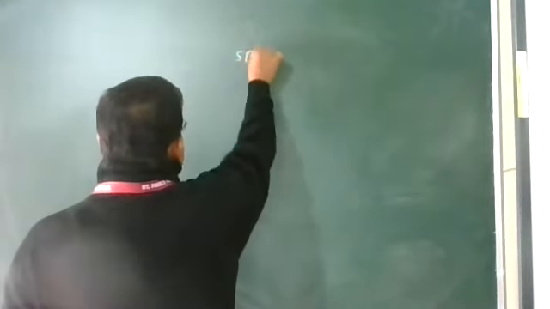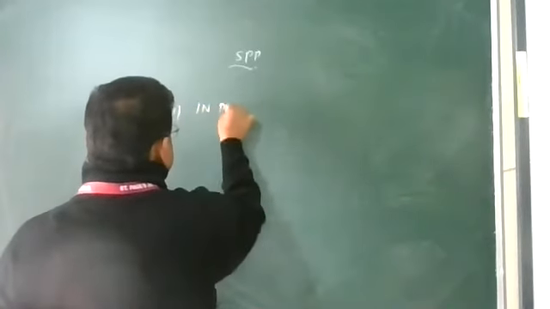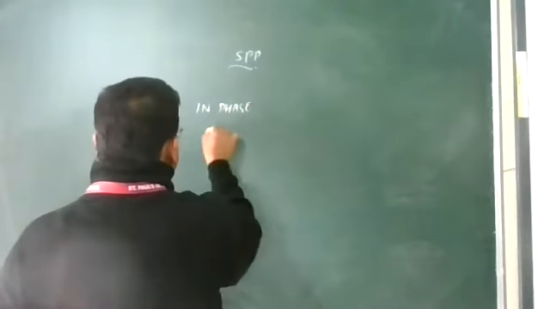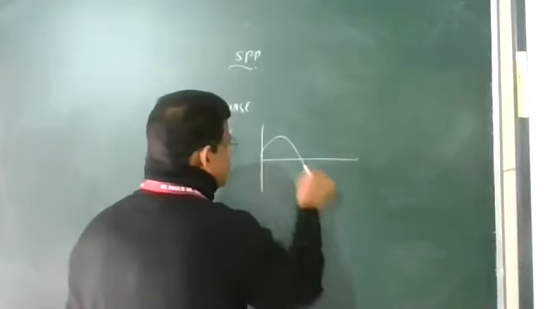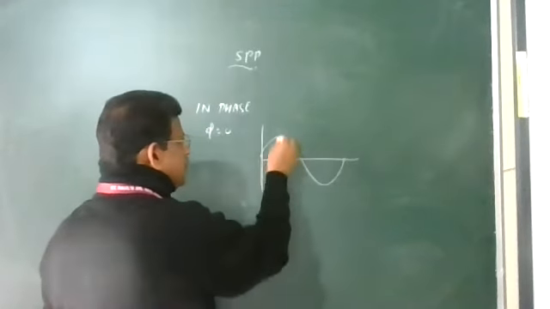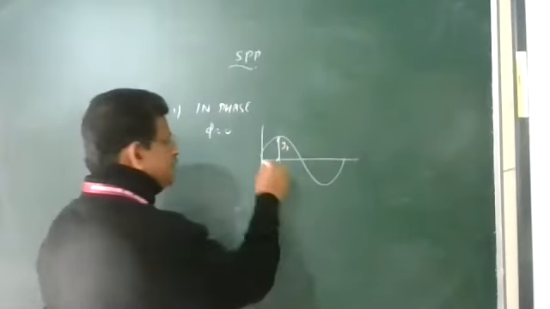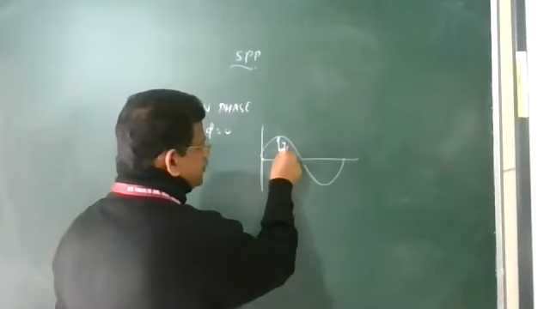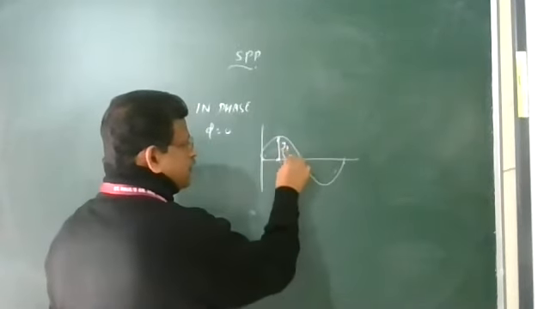Superposition of two waves, the last topic. When two waves are in phase, the phase difference is equal to zero. For the first wave, at a point P, the displacement is y1. The second wave also is like this, and at the same point the displacement due to the second wave is y2.